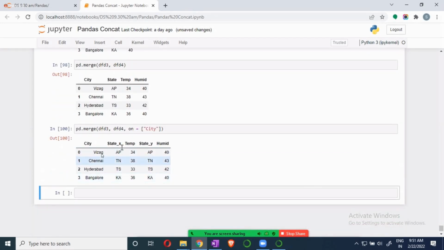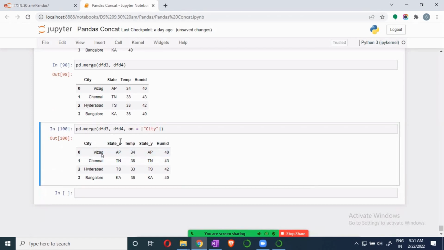Now you will be getting a state over here and one more state over here. Both are the same. So we are not merging based on the two columns. One of the columns we used, and this will be given as state_x and state_y.